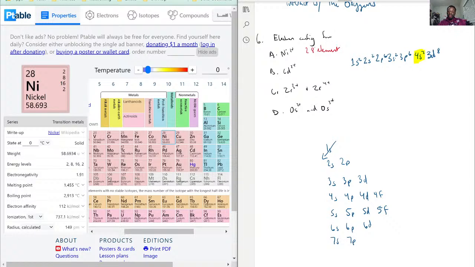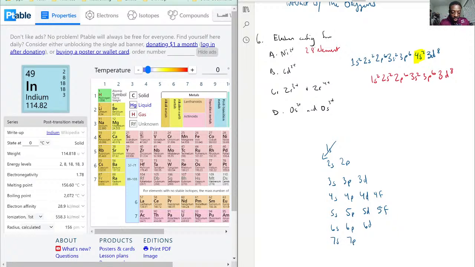So I would argue that the electron configuration for nickel 2+ would be 1s2, 2s2, 2p6, 3s2, 3p6, and then just 3d8, just so that we remove the most valence electrons. And we'll see if we can keep this up for the rest of these metals here.